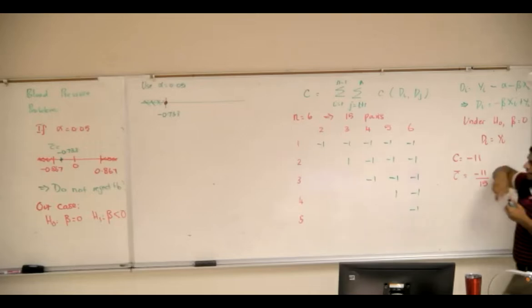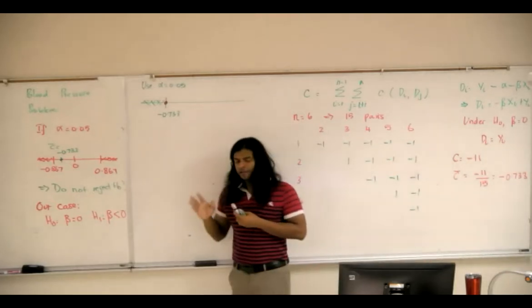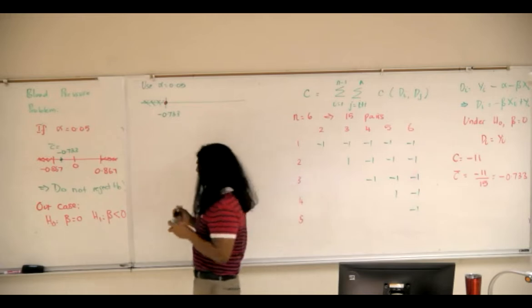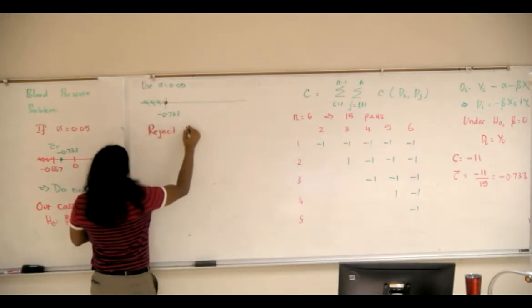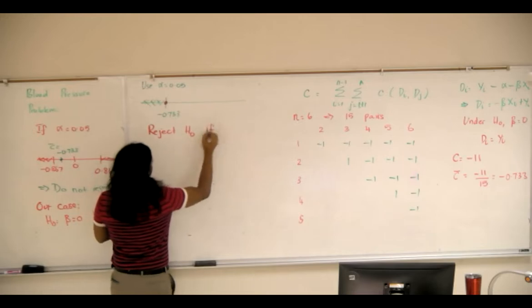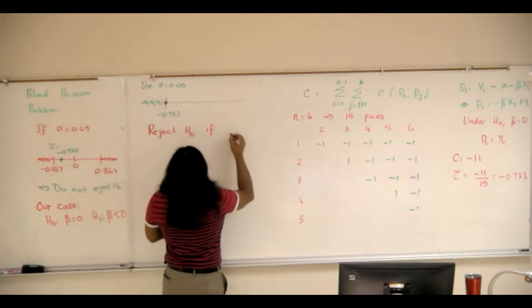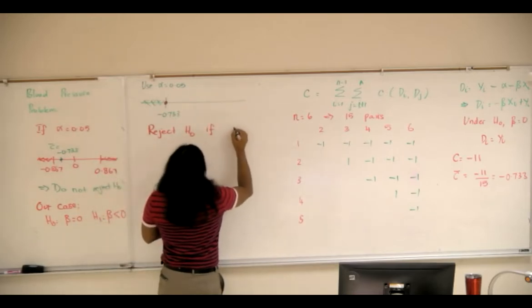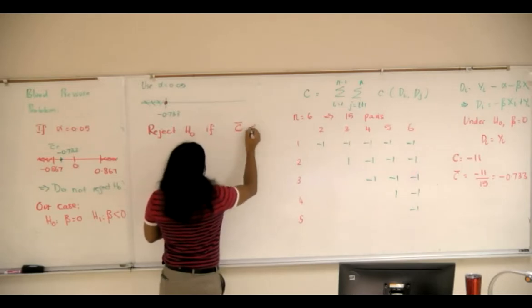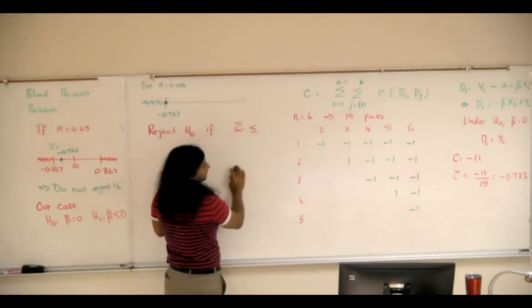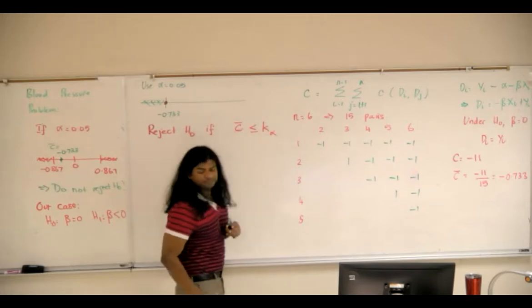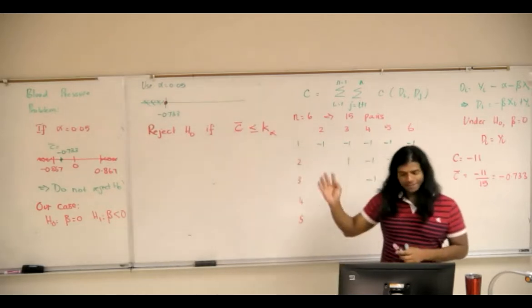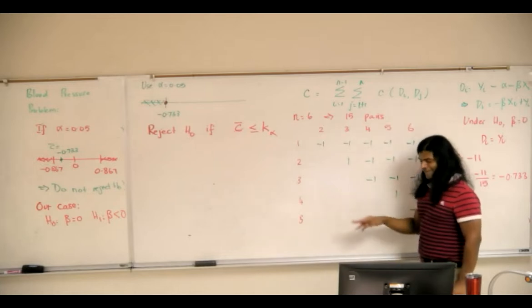Okay. So if you recall, we reject the null if the test statistic or C bar is less than or equal to the critical value. Forget about rounding.